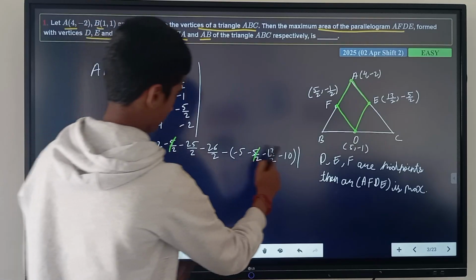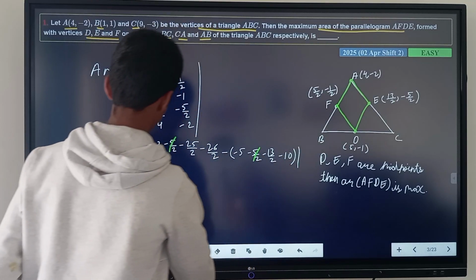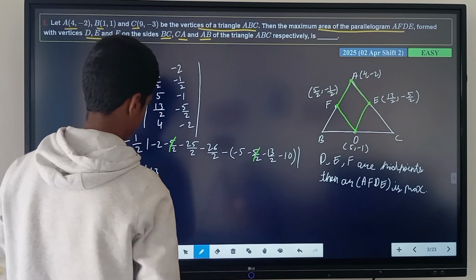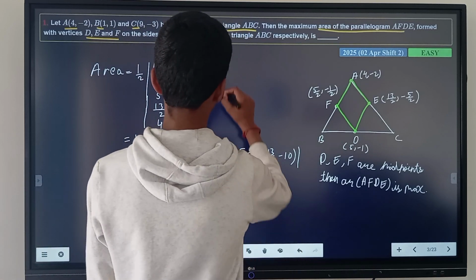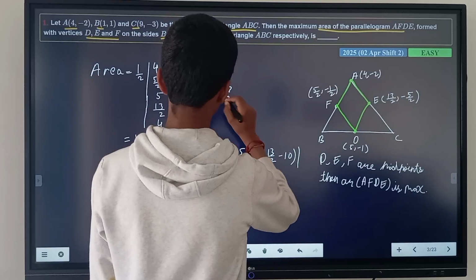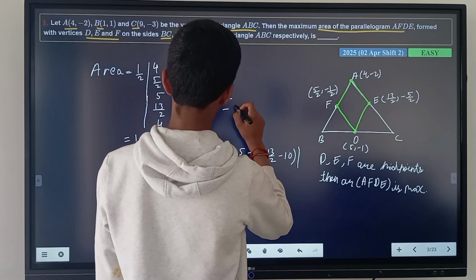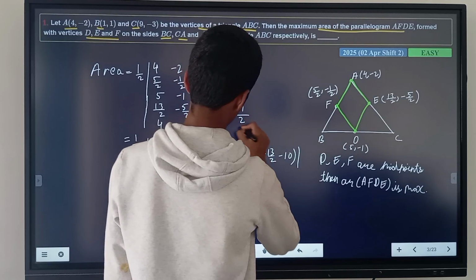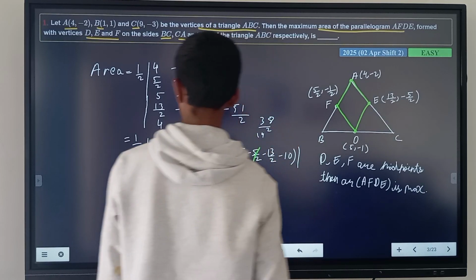From here we will get 15 minus 2, which will be 13, and 13 by 2 minus 51 by 2 will be minus 38 by 2, which is 19.